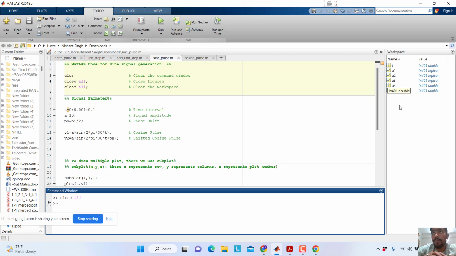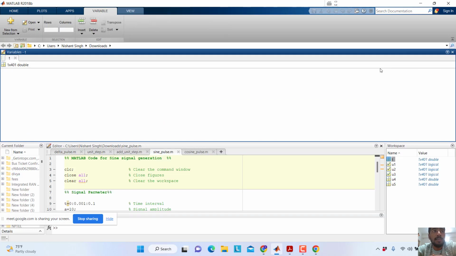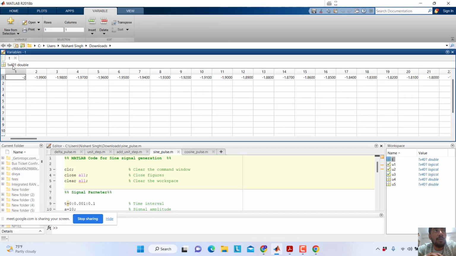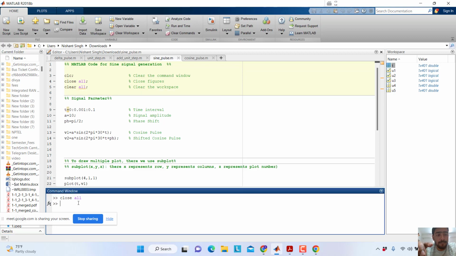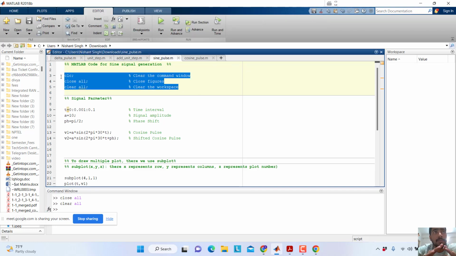As you see there, we have a few variables that we declared: t, u1, u2, and it shows what value t has. In t we have 401 values. So to clear the workspace we use clear all. When you type clear all in the command window, our workspace will be cleared. Basically these three are the initial commands.